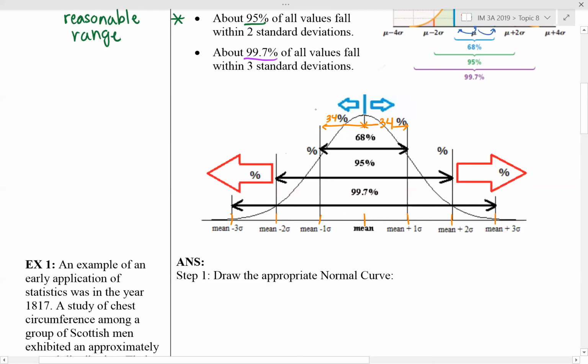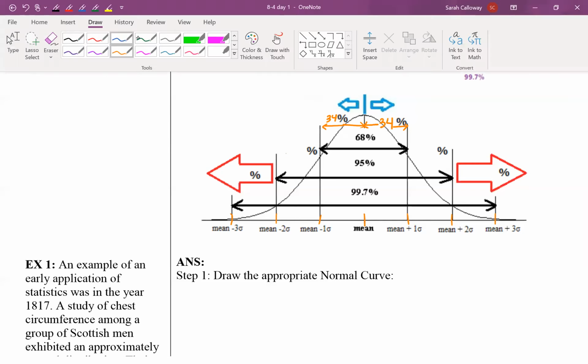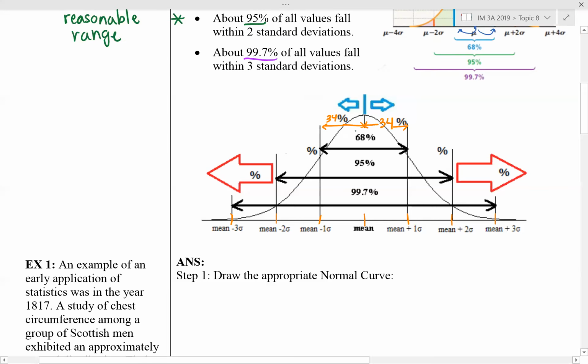And then if we think about the rest of that, so ultimately for this section here, if this was 68% between the mean and one standard deviation, and the mean and two standard deviations is 95%, we can figure out what these values are by finding that difference and cutting that in half.